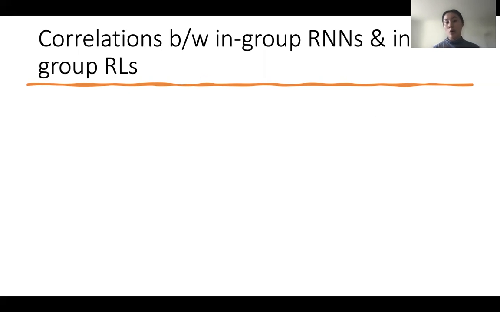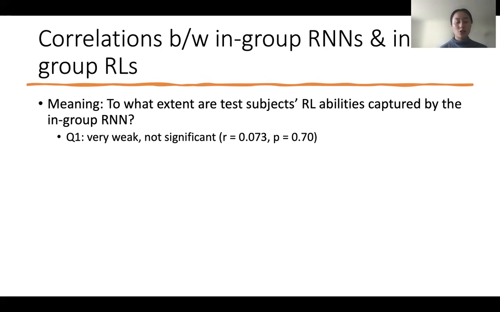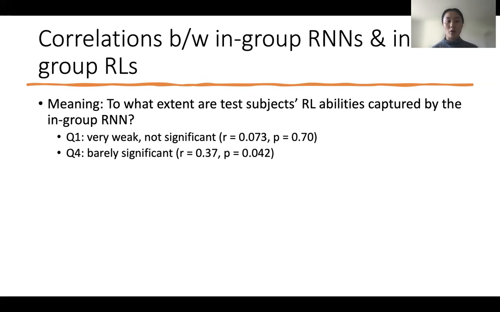Also, I correlated in-group RNNs with in-group RLs. This would allow us to tell the extent to which subjects' RL abilities are captured by in-group RNNs. So for Q1, these two were not correlated very well. For Q4, they are correlated, but the correlation was rather weak.